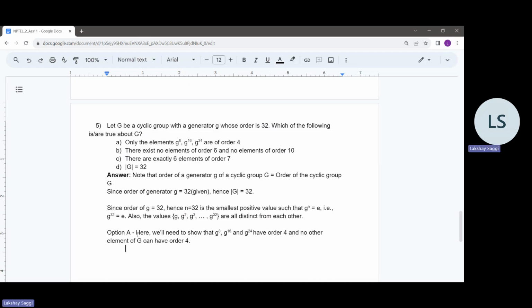Maybe we can do this in two steps. The first step will be showing that these have order 4. And how do we do this?